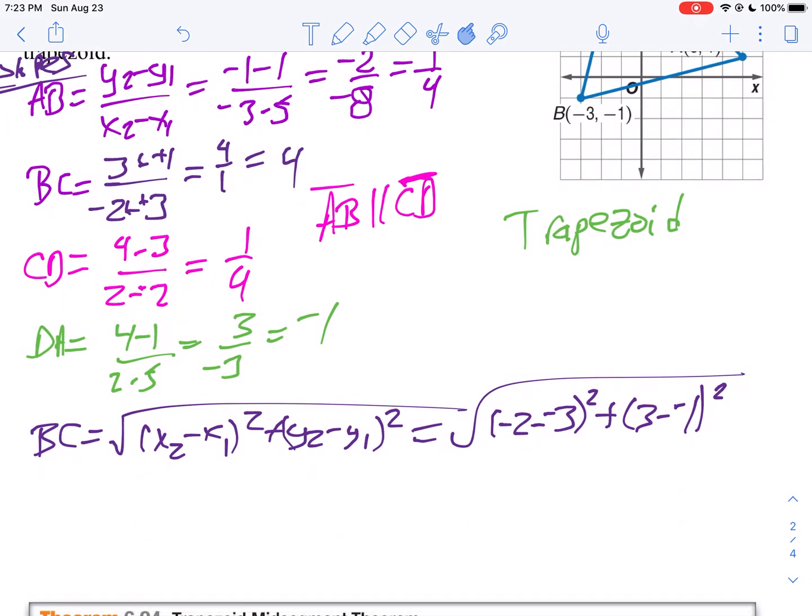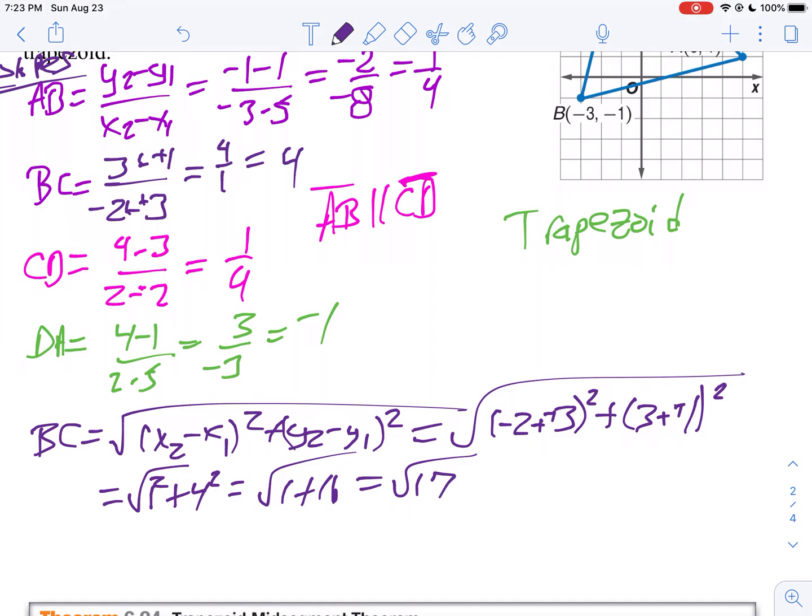Negative 2 minus a negative 3, that's negative 2 plus 3, which is 1. So this turns out to be the square root of 1 plus 3 minus a negative 1, which is 4, squared. So you get 1 plus 16, which is the square root of 17.